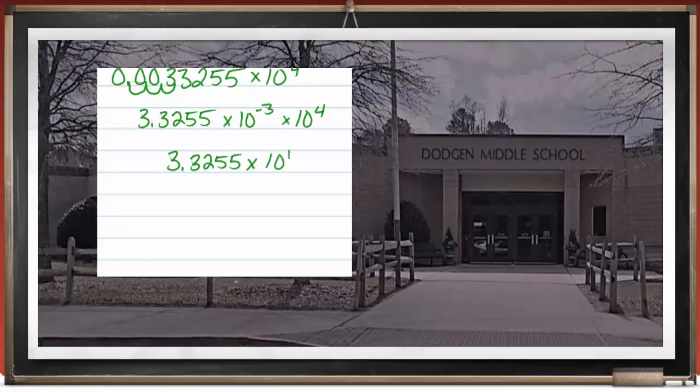Now an alternative way of doing the exact same thing is remembering that when we moved the 3 decimal places to the right, that gave us a negative 3 value. 4 minus 3 was 1, and so we could jump straight to our solution of 3.3255 times 10 to the first power by essentially doing the exponent addition in our head and skipping showing this work on paper.